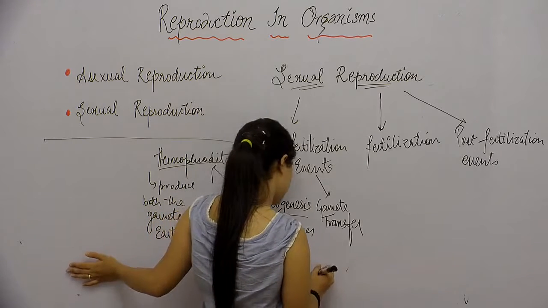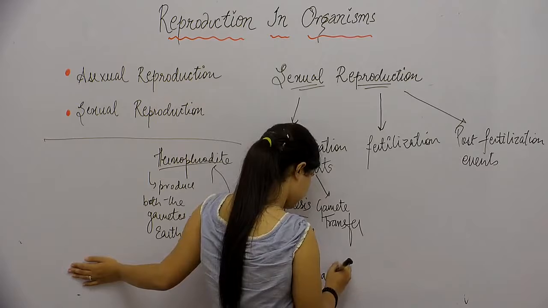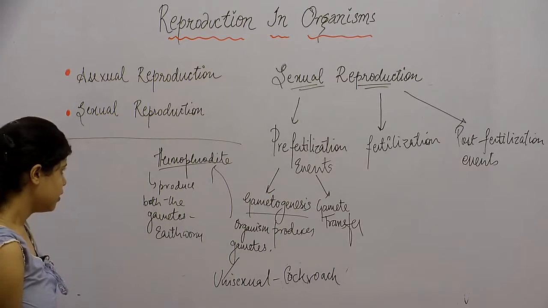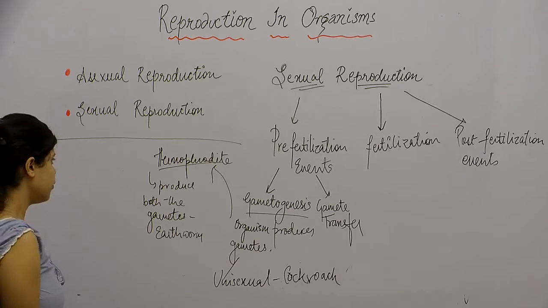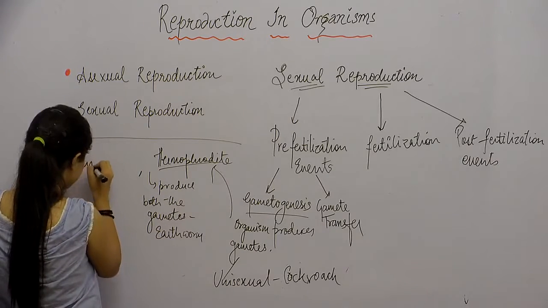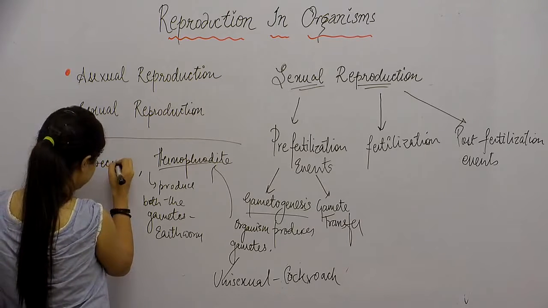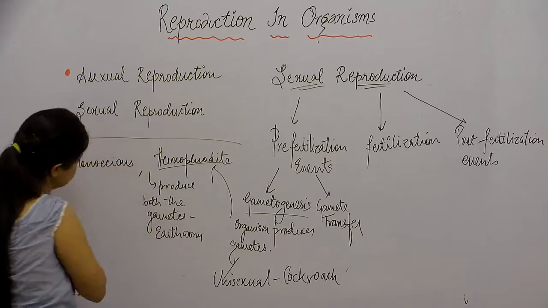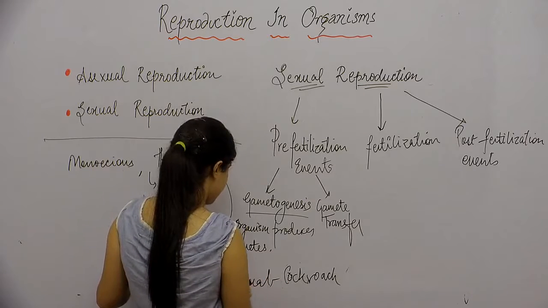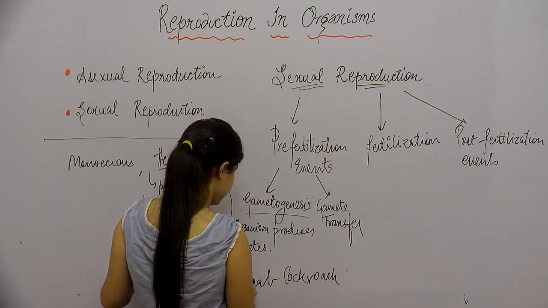Cockroach is a unisexual organism. In case of plants, we call hermaphrodites as monoecious plants, and we call the unisexual plants as dioecious.